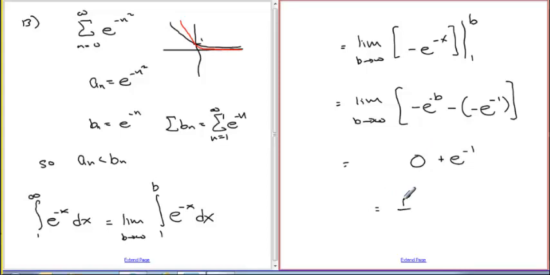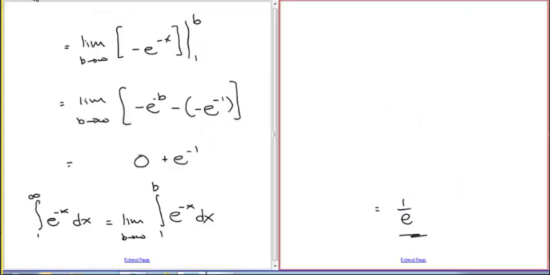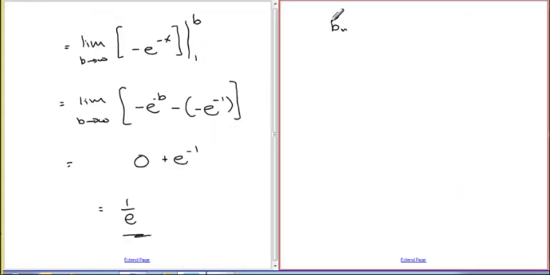So what we can say is this second series, which was the summation of e to the minus n from n equals 1 to infinity, converges due to the integral test.